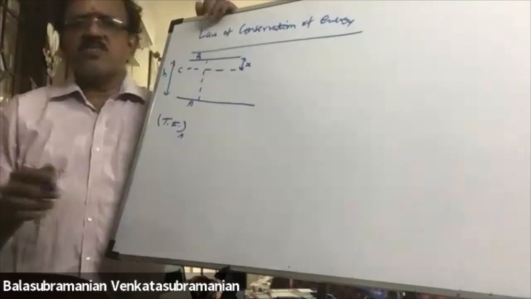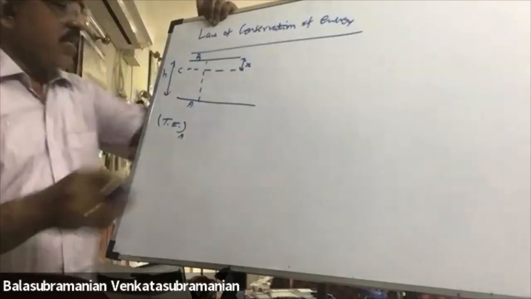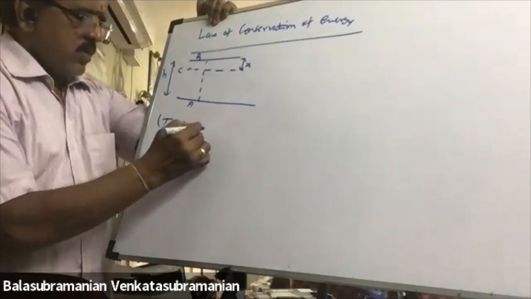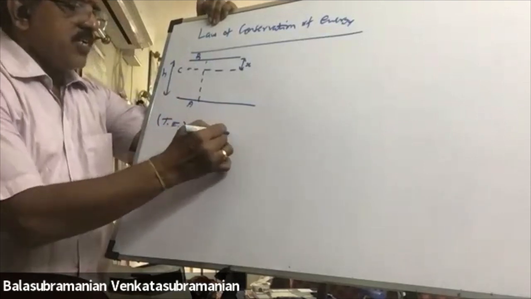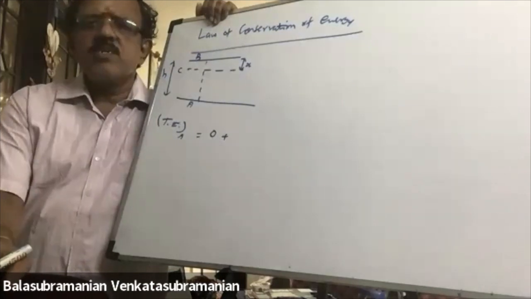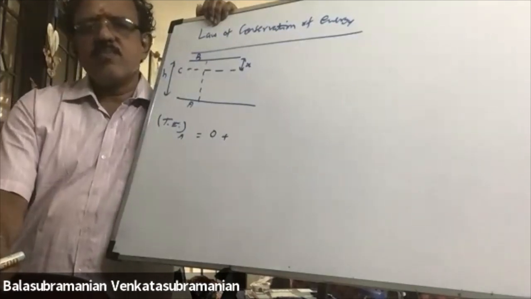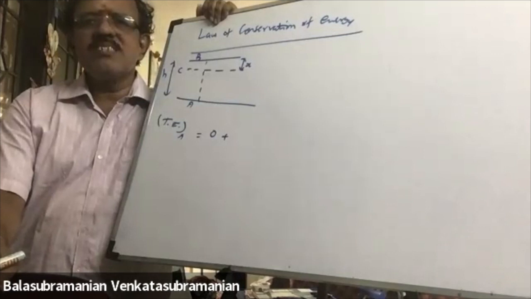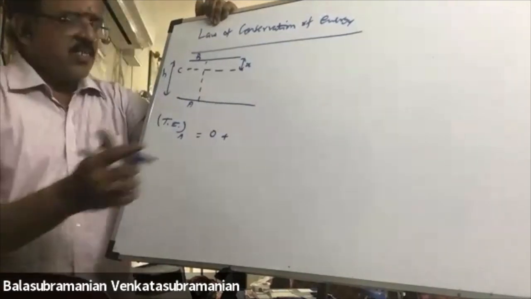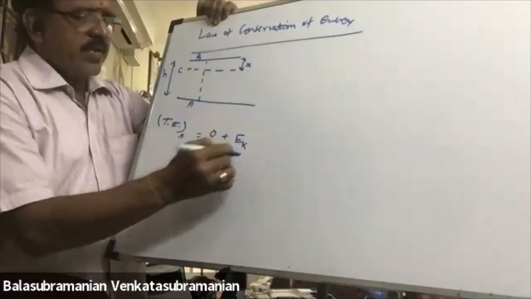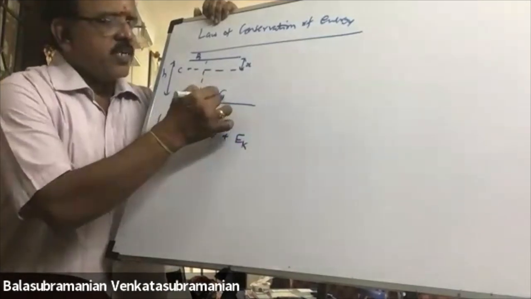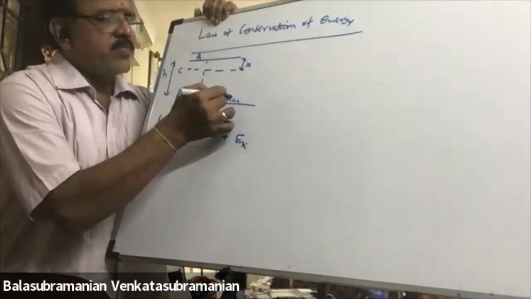At point A, the lowest point, potential energy is 0. Why? There is no height at all. Potential energy mgh, h is not there, so 0. Kinetic energy is maximum. So this is called the mean position, the equilibrium position.